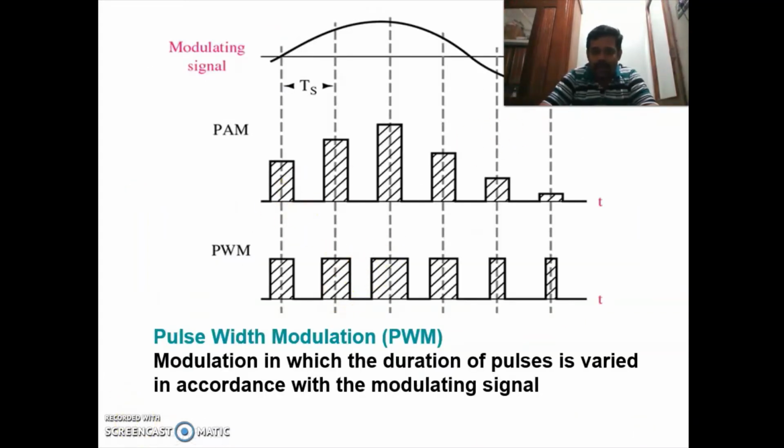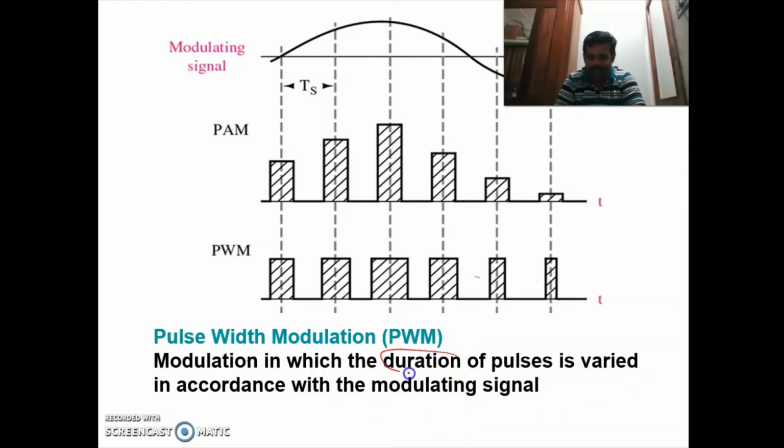Now here this is pulse amplitude modulation, and in pulse amplitude modulation, the amplitude of the pulse is varied, and in pulse width modulation, the width of the pulse is varied. Okay. Now pulse width modulation is a modulation in which the duration of the pulse is varied in accordance to the modulating signal.